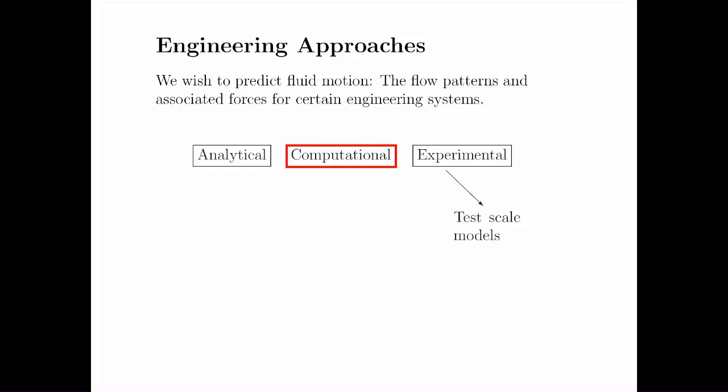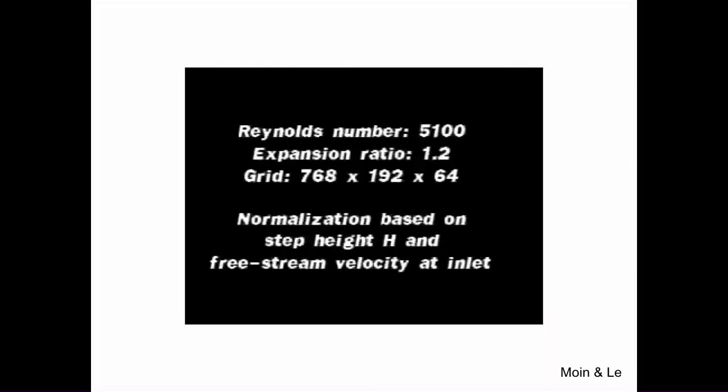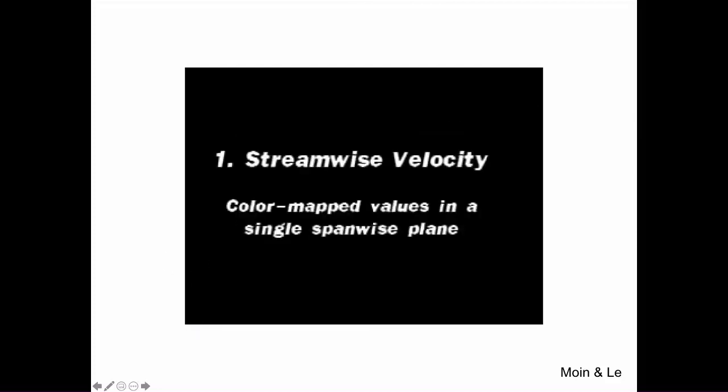Another engineering approach is to conduct numerical simulations, so basically solving the Navier-Stokes equations numerically using computers. Here's an example of a computational simulation result. We are looking at the contours of streamwise velocity.